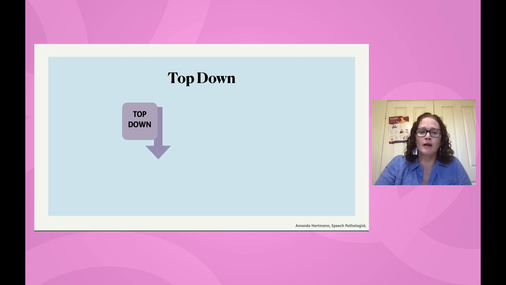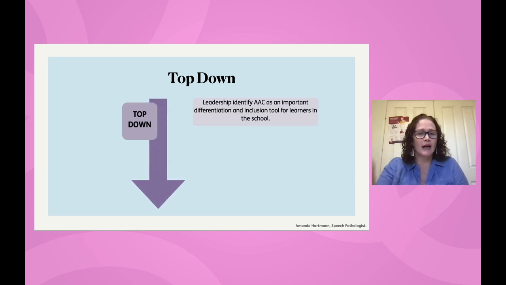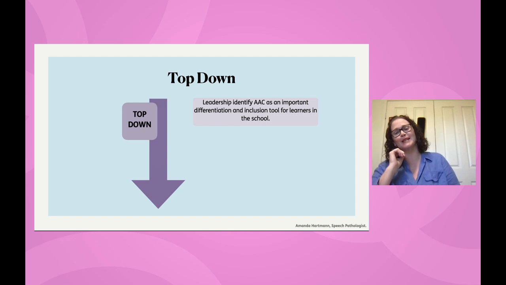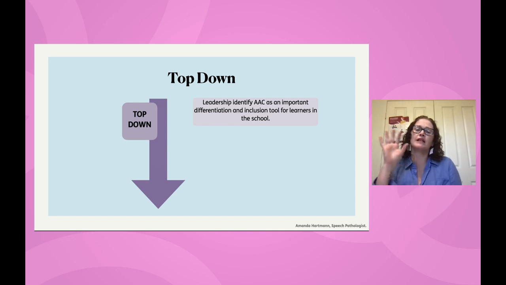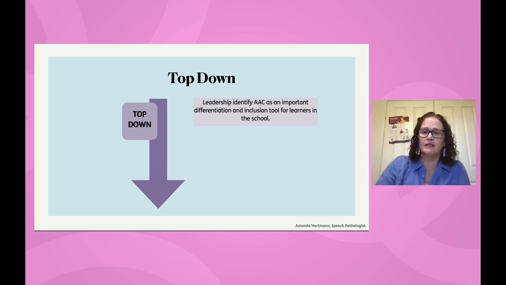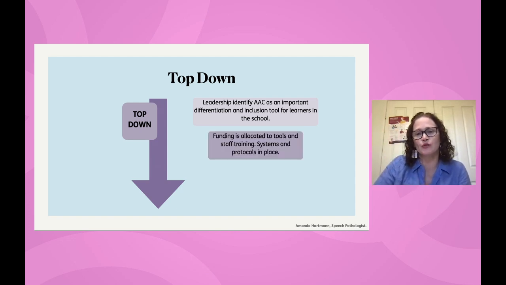A top-down model would mean that you're starting at the top, with leadership and admin having identified that AAC is a really important differentiation and inclusion tool for learners in the school. Maybe the idea came because you had a particular student that needed AAC, but really the top-down means that the leadership have taken this concept and see it as a tool that can be used in the school.